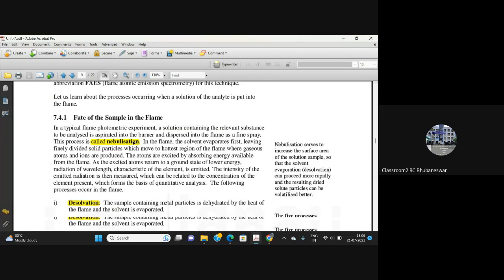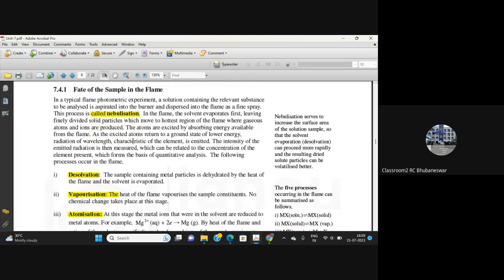That means quantitative analysis. So basically, one nebulizer will be there, where the mixing of the substance which you want to study happens.